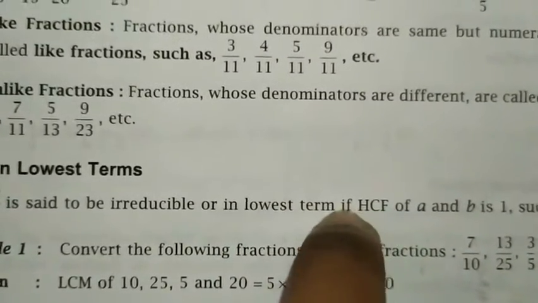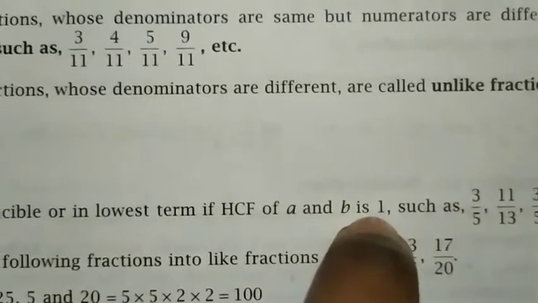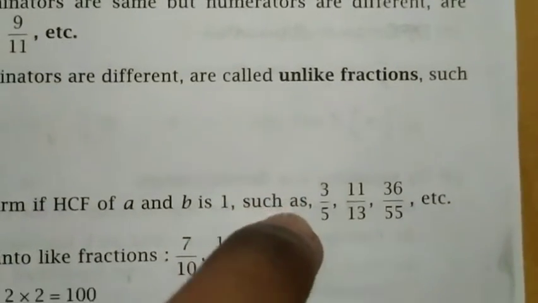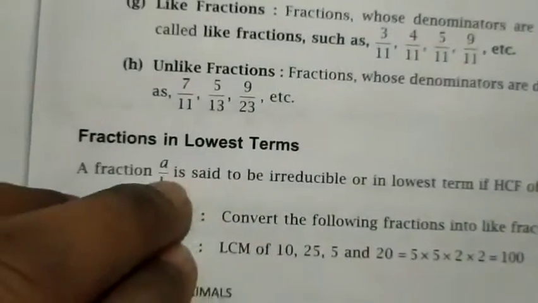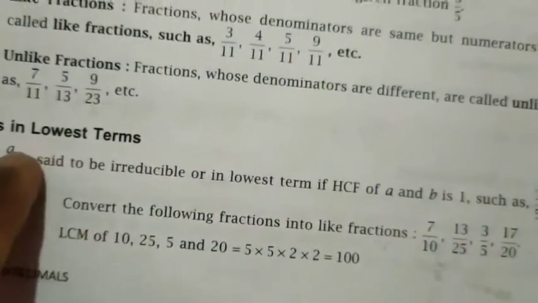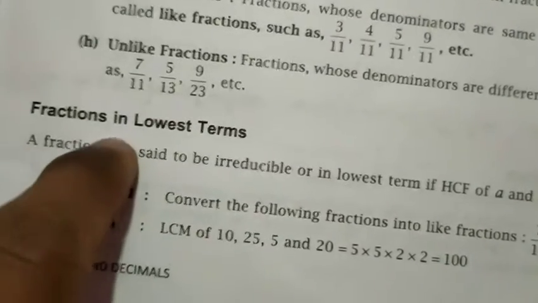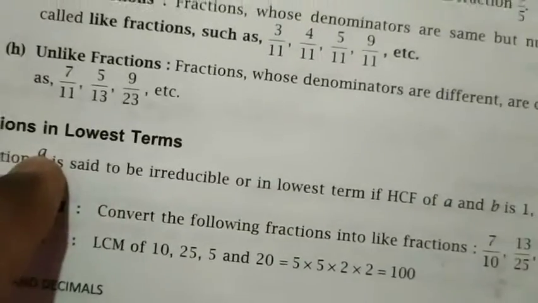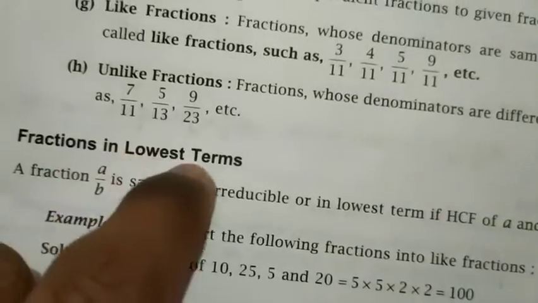That is, if the HCF of a and b is 1, it cannot be divided further. For example, 3 upon 5, 11 upon 13, etc. Or simply, fractions which cannot be cancelled any further are said to be in lowest terms.